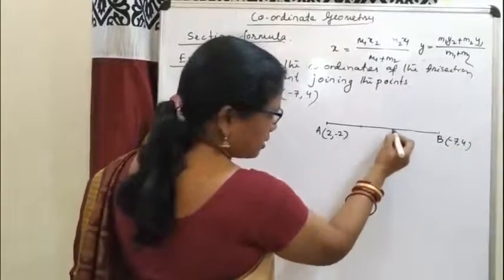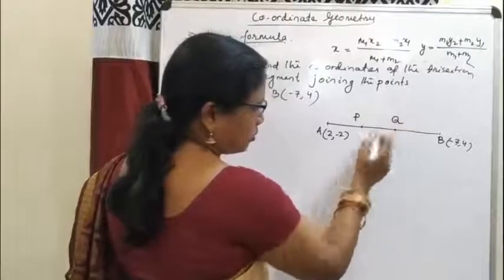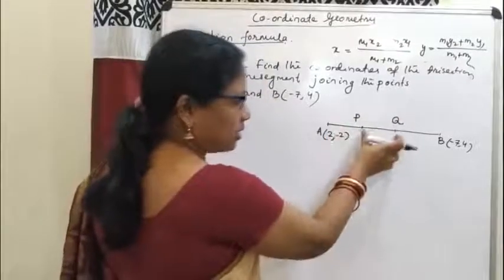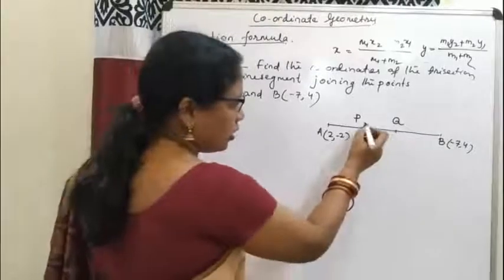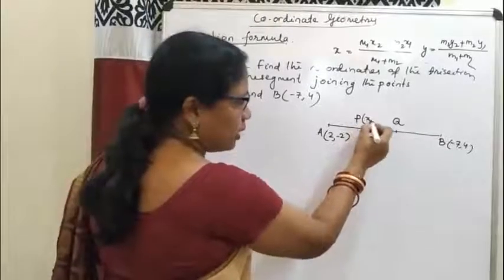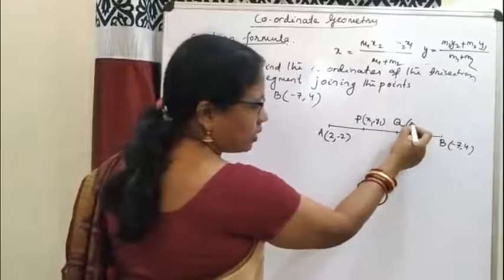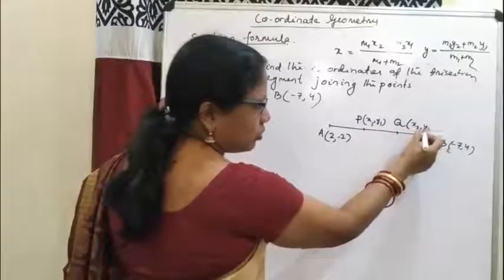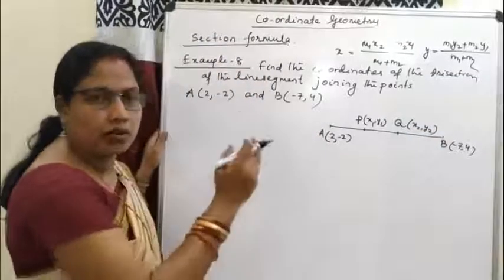Let it be trisected by 2 points P and Q. That means AP is equal to PQ is equal to QB. Let the coordinates of P be (x1, y1) and the coordinates of Q be (x2, y2). We will find the coordinates of P and Q one by one.